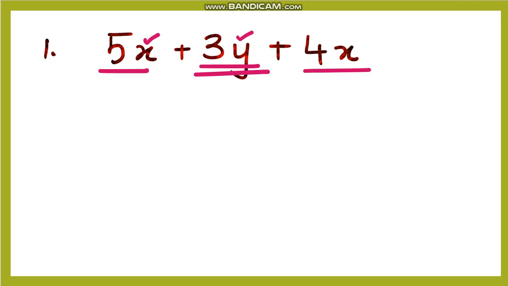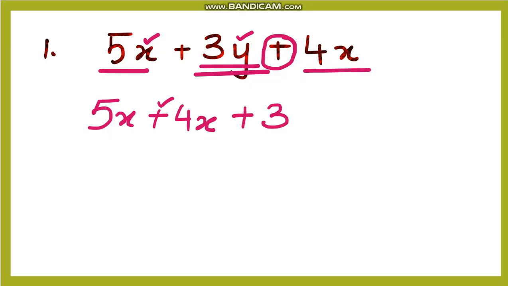So in this case, what do we do? We bring the like terms together. We write them together, 5x plus 4x. From where did I get this plus? Right ahead of 4x. This plus comes along with it. Plus 3y. So this is how we arrange our like terms together.